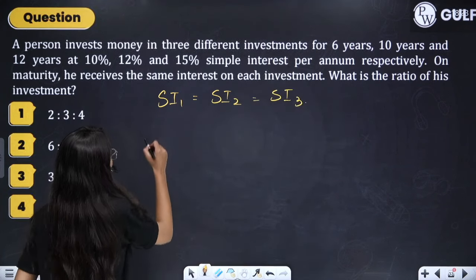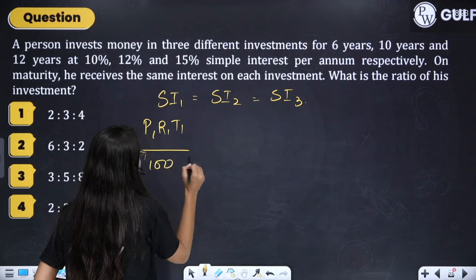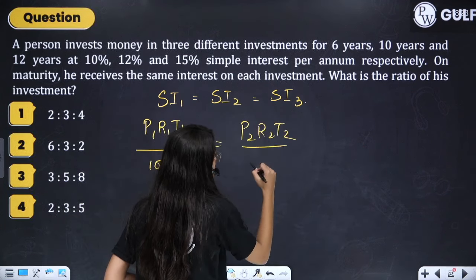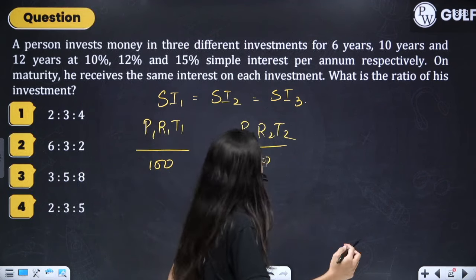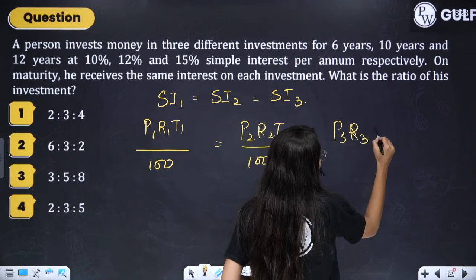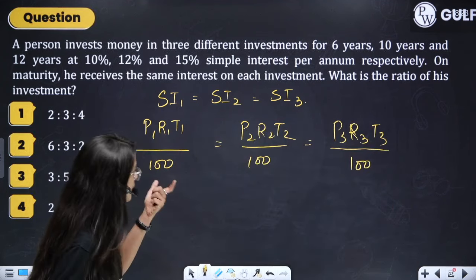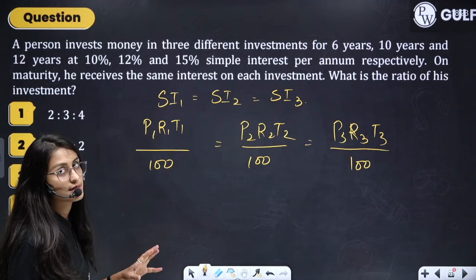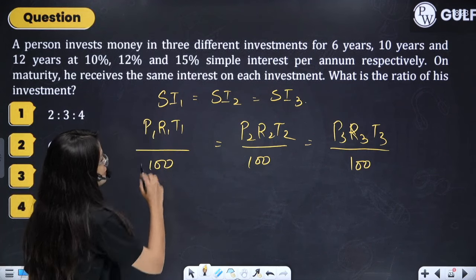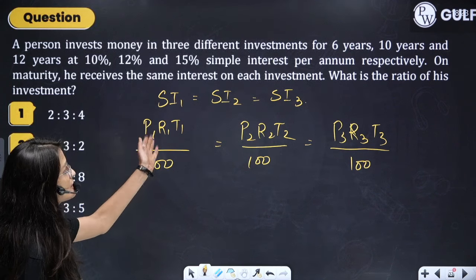So I'll write the formula: P1 R1 T1 upon 100 equals P2 R2 T2 upon 100 equals P3 R3 T3 upon 100, that is principal into rate of interest into time. I can see 100 gets knocked off from all the 3 equations. We need to find the ratios of the investment, that is the principal amount, and we have been given the rate of interest as well as time.